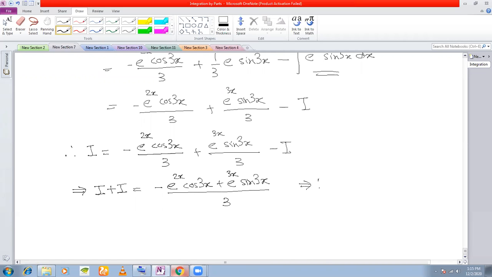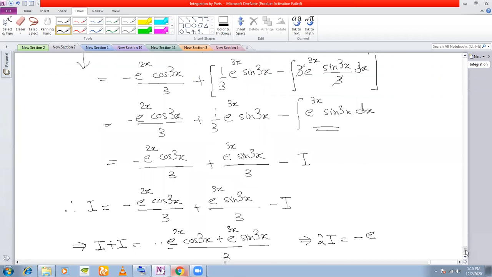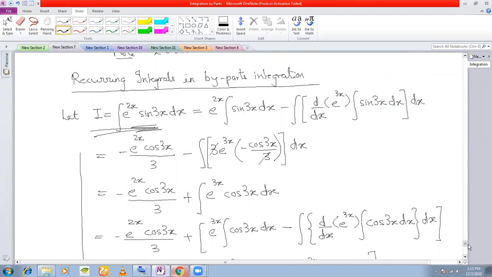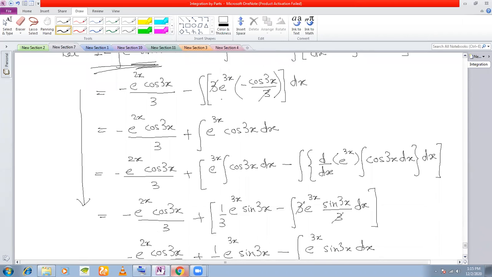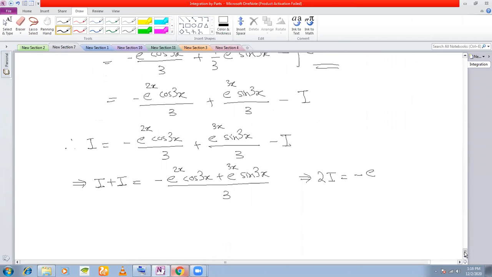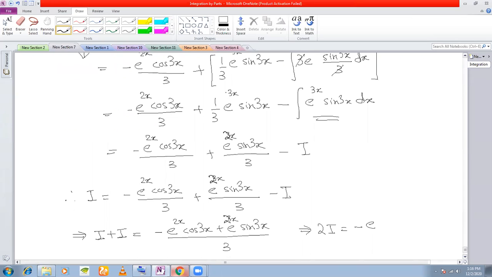That means we are getting 2I is equal to minus e to the power of, oh, this is all 2x. Okay, this is all 2x. Why did I write 3x? I don't know. This should be e to the power of 2x. Correct it. This all should be e to the power of 2x.